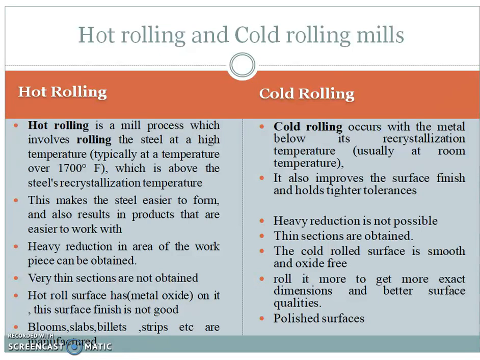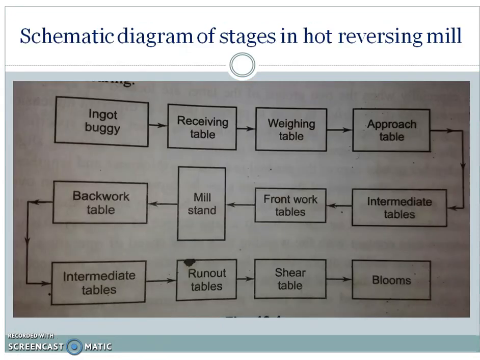The surface will be better compared to the hot rolling mill. To get exact dimensions and better surface qualities, the metal comes under the cold rolling mill. We get polished surfaces from the cold rolling mill, not from the hot rolling mill.